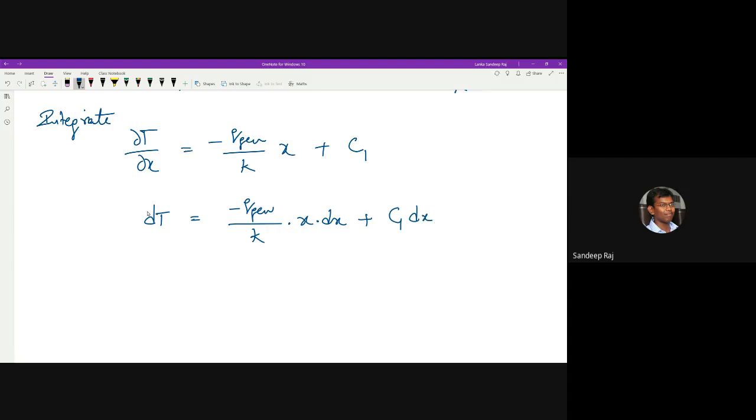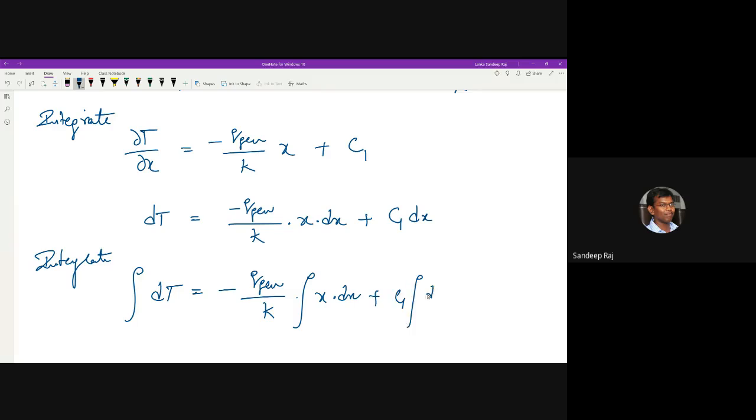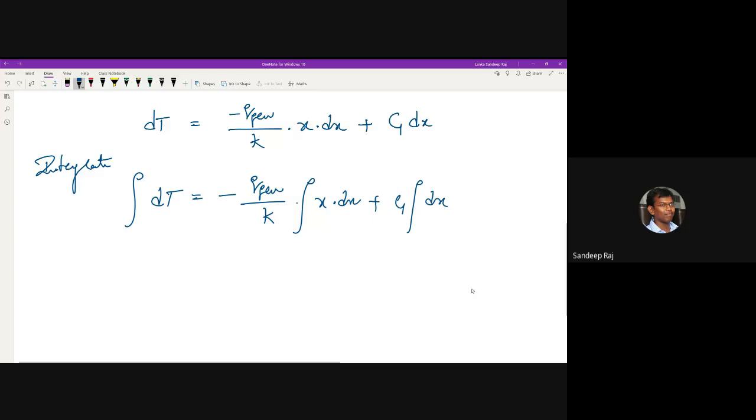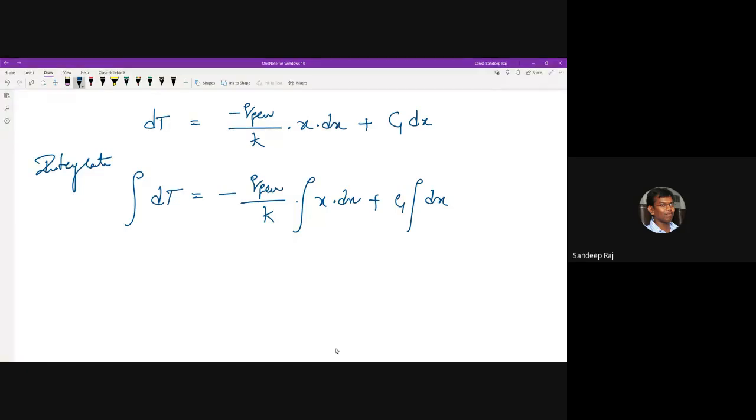Now I'll integrate it. When I integrate it, integral dT is equal to minus Qgen by K, which is constant, into integral x dx, plus C1 into integral dx, because C1 is also a constant and I can take it out of the integration.